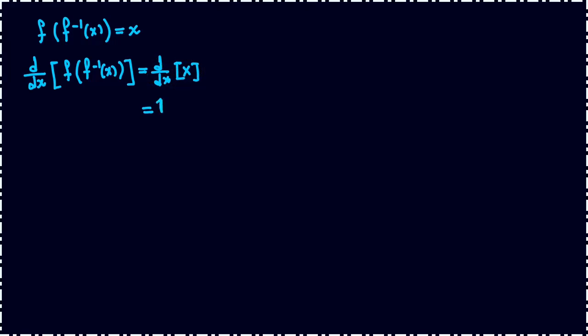But on the left-hand side, since we have a composition, we need to use the chain rule. And the chain rule says that if you have an inner and an outer function, you start by differentiating the outer function. So we take the derivative of f at f inverse of x. We're going to multiply that by the derivative of the inside function.